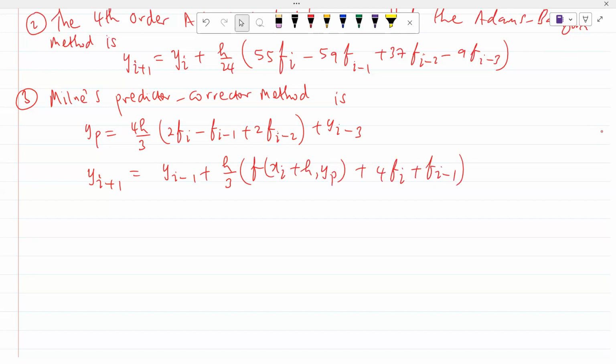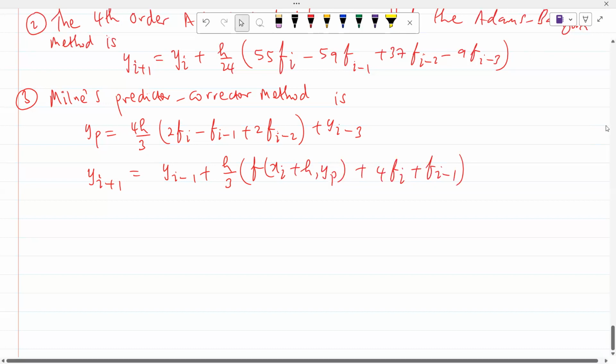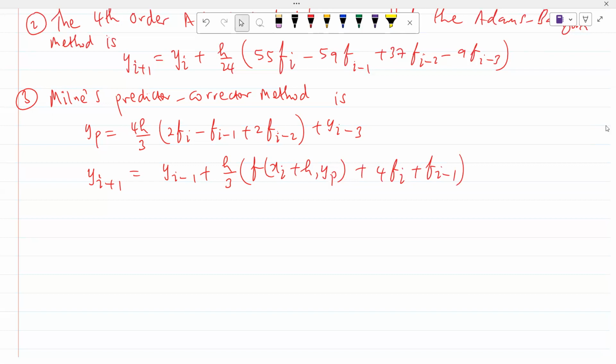So this is Milne's predictor corrector method. The first one is the predictor and then the corrector. I'm mentioning these numerical methods here.